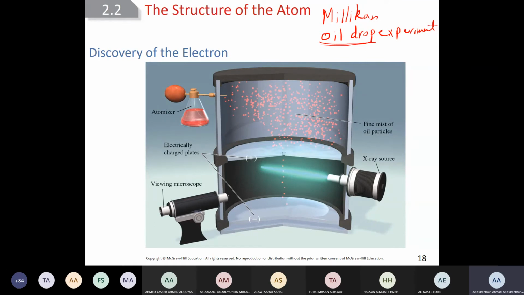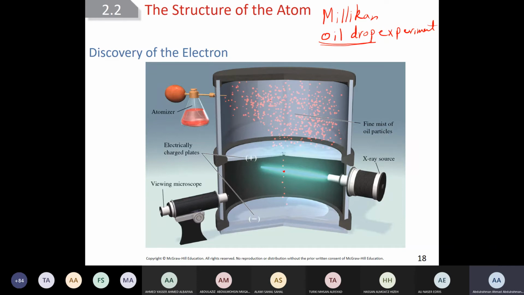Okay. What did he do? He had a room like this, and he had some moving particles, and he was able to notice them by hitting them with X-ray. By hitting them with X-ray, he found that some particles would not move at all.